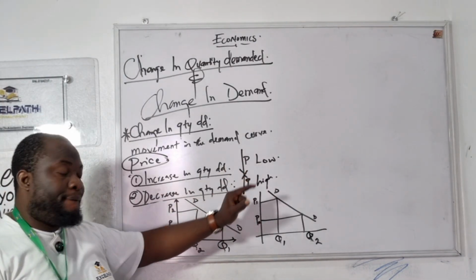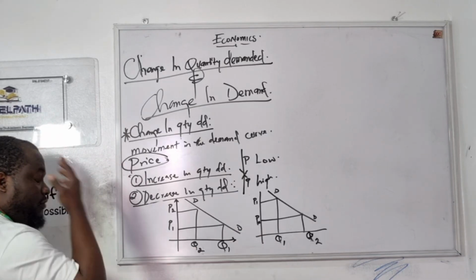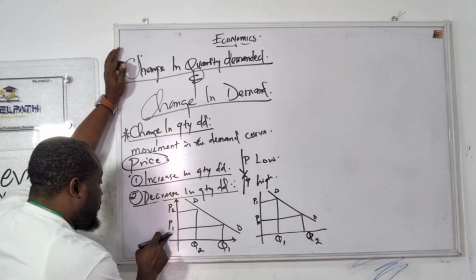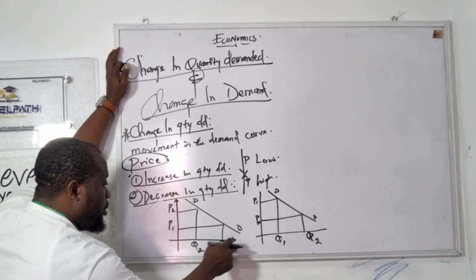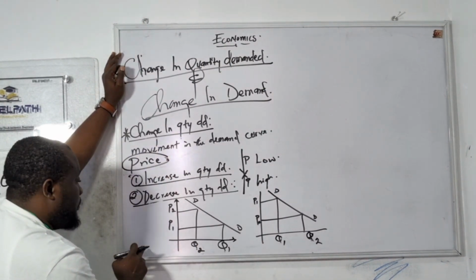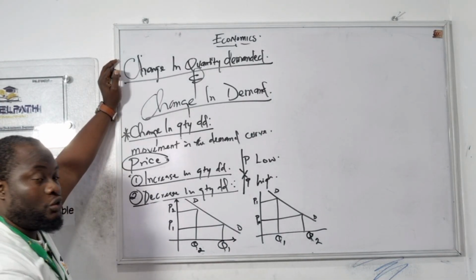A decrease in quantity demanded when the price of the commodity is high. So, looking at these two diagrams, these two curves, this demand curve, we have P1, P2, Q2, Q1. In counting your 1, 2, 3, your 1 comes before 2, right?